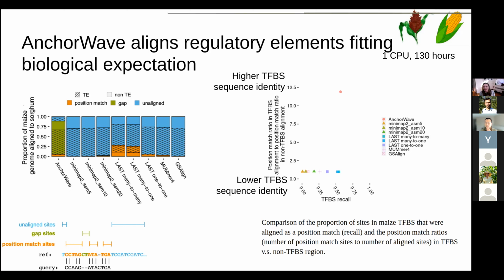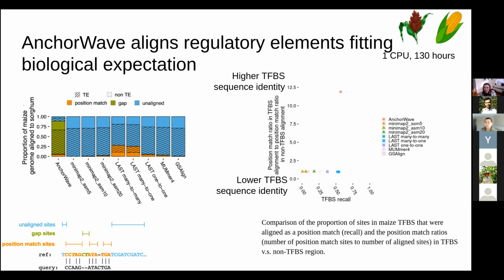So we definitely don't expect this number to be down at 0, like is recovered for many of these minimap aligners with the triangle. We also probably don't expect it to be up at 1. We don't expect all of maize regulation to be exactly the same in sorghum.